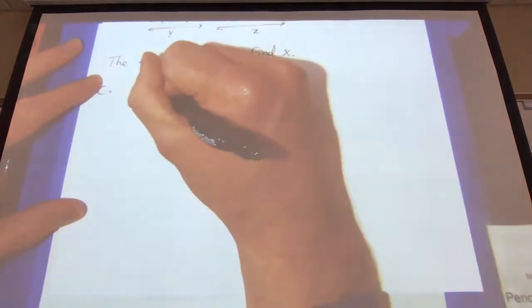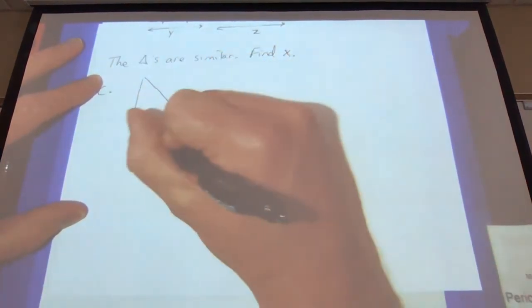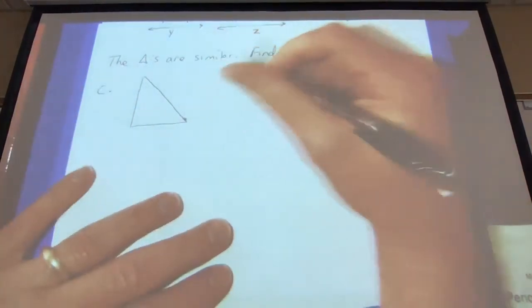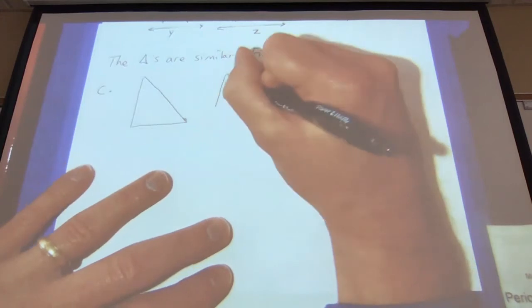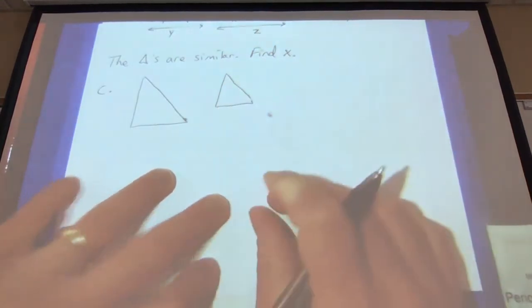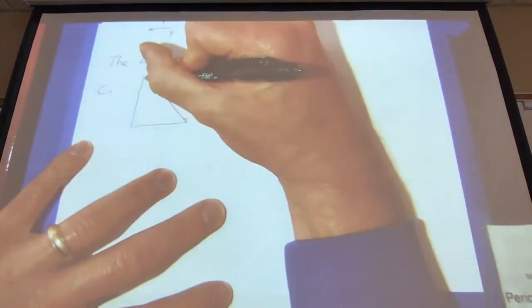All right, here's our triangles. Left-hand triangle, I've kind of got the bigger one there. Smaller one's going to be on the right. And with this one, we're going to do angle bisectors.